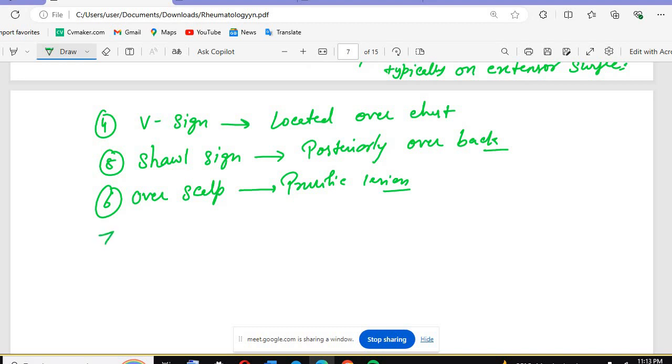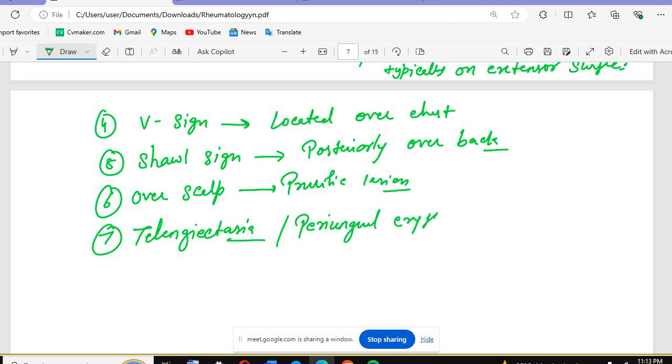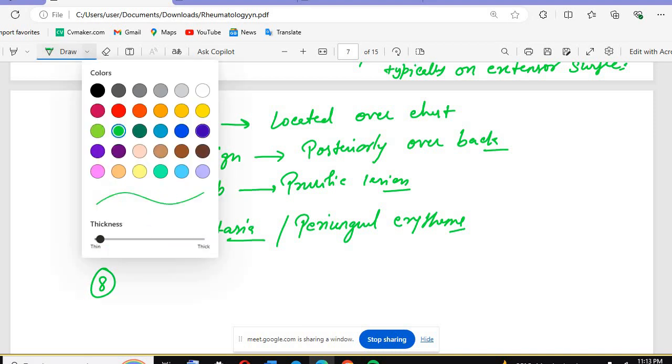Along with that, you will see telangiectasia, which means dilated blood vessels, and you will see periungual erythema. Periungual erythema means around the nails you will see some redness.